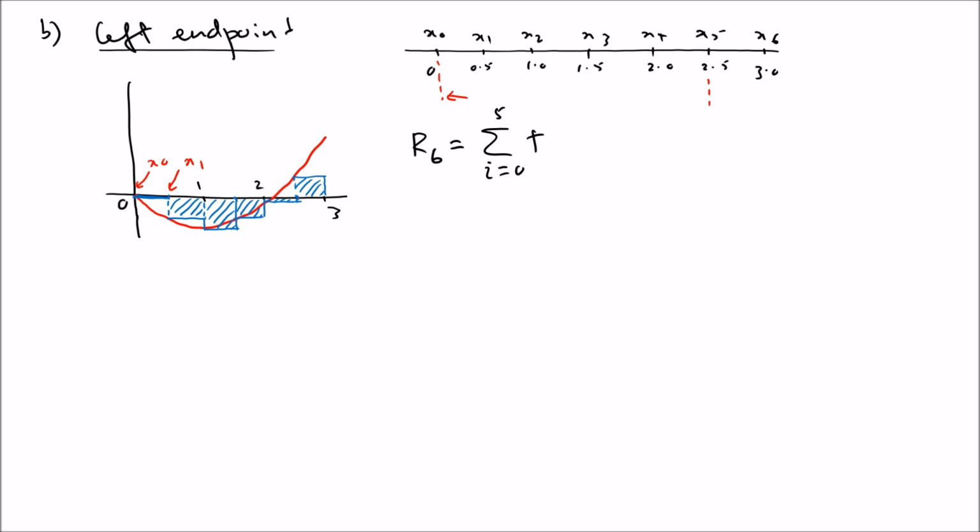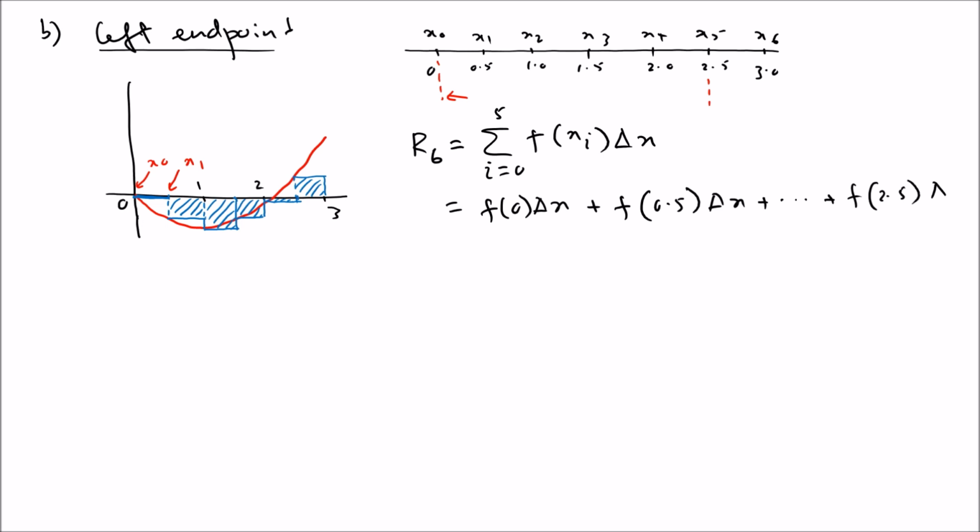So it is the sum of f(x_i) delta x. If you expand it, it is f(0) delta x, f(0.5) delta x, like that. But the last one would be f(2.5). That's the difference from the previous one, because last time it was 3.1. Now it is 2.5 because you pick the left endpoint, the left corner of that interval.